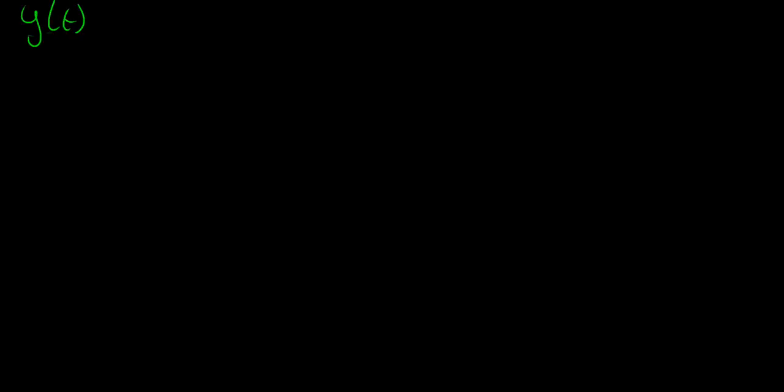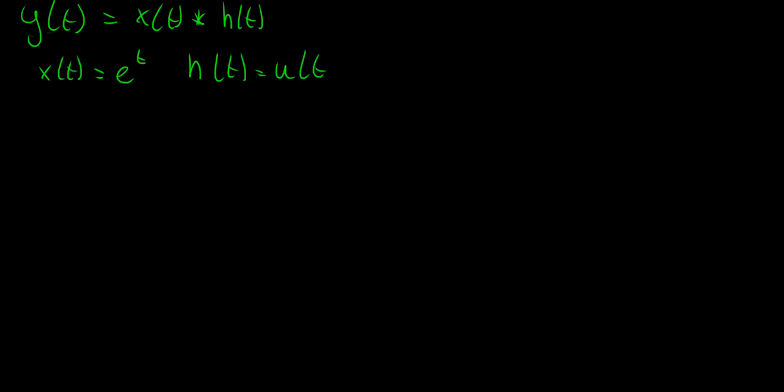Remember, our output is equal to the input convoluted with our impulse response. So let's say our input, not f of t, x of t, is equal to e to the power t, and our impulse response is equal to u of t.